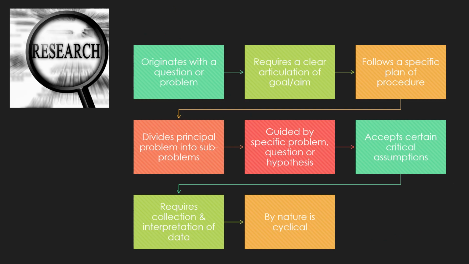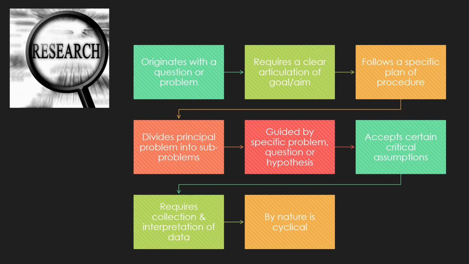Now, these are the steps that we can use in doing research. Normally, we start with a question or problem, because when we have a question or problem, only then will we find the solution. Once we have the question and problem, we need an aim. What is our objective in order to solve the problem? And we will follow a specific plan of procedure.